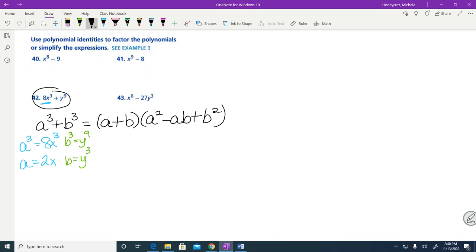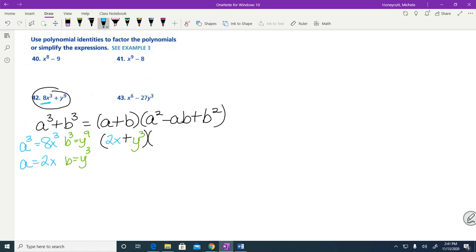So now let's factor. I would take the a, which is 2x, plus the b, which is y cubed, times a squared.